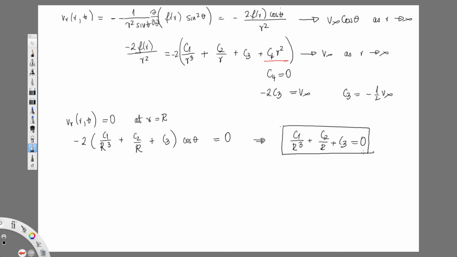And I know what c3 already is, so this is basically an equation in c1 and c2.